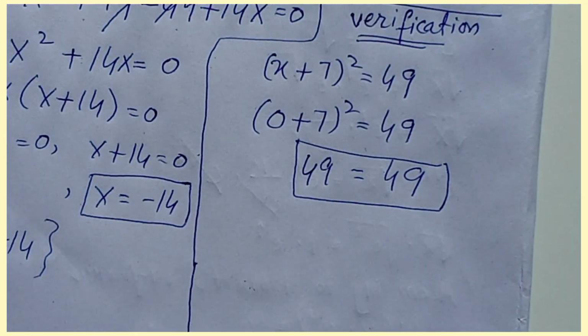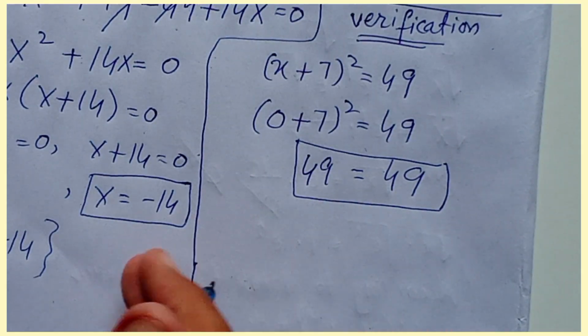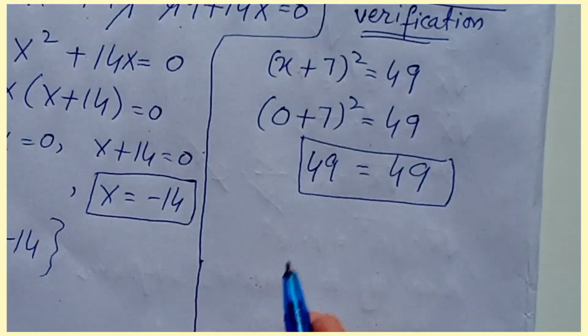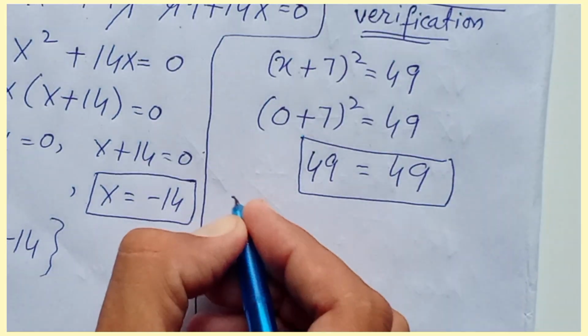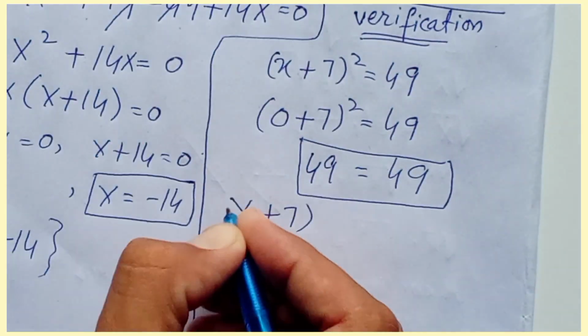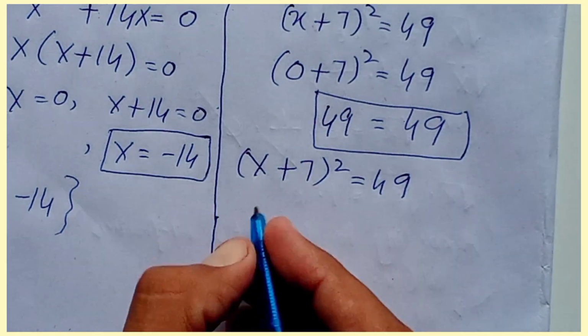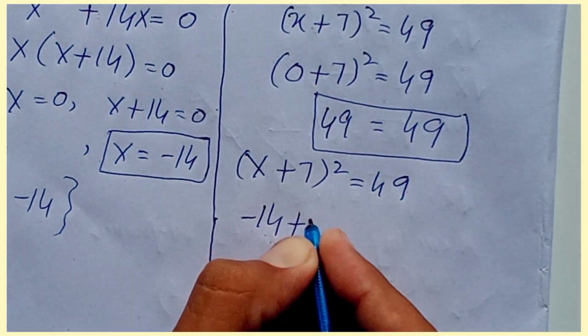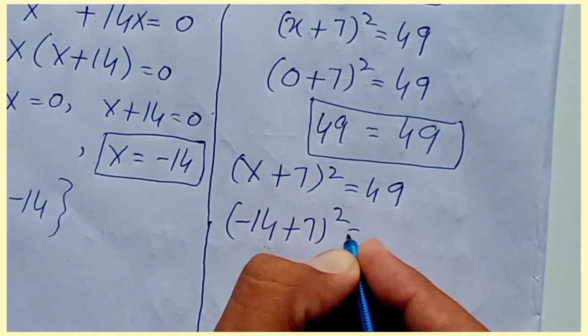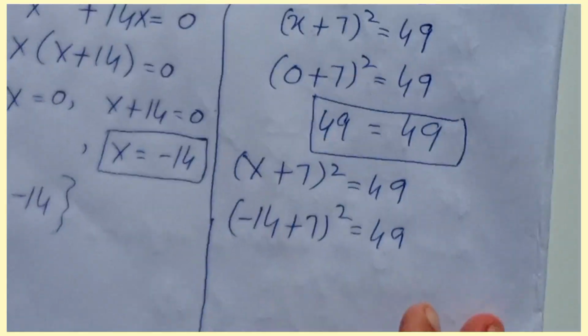Now again I put the value of x, which is minus 14. So (x plus 7) to the whole square is equal to 49. So (minus 14 plus 7) to the whole square is equal to 49.